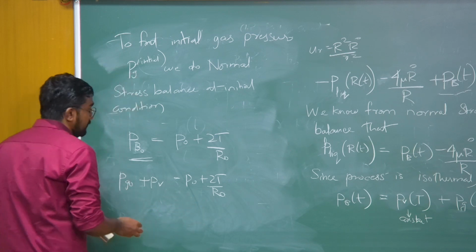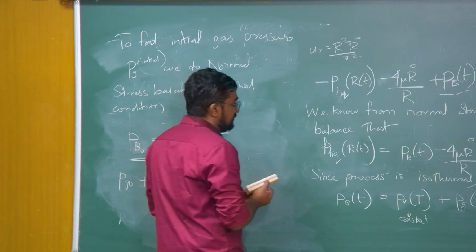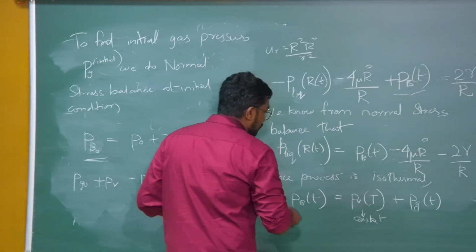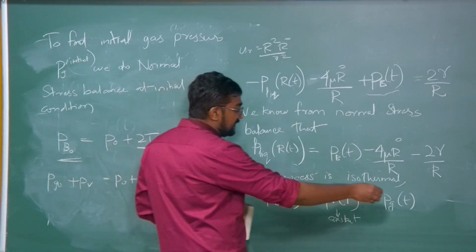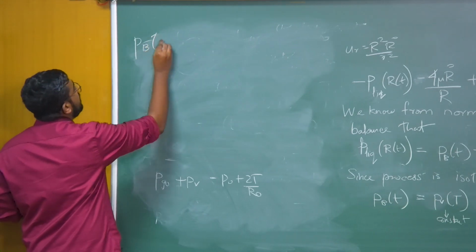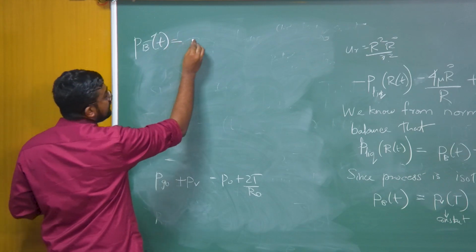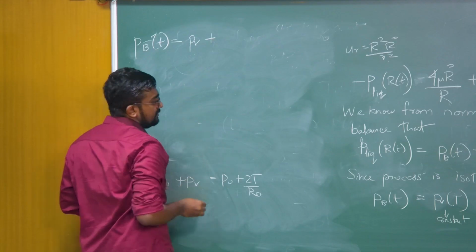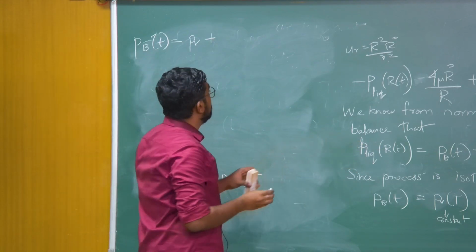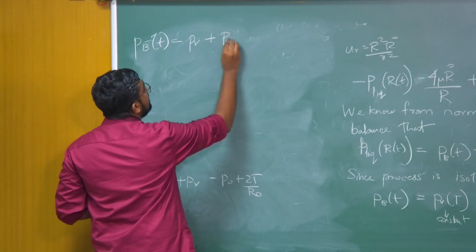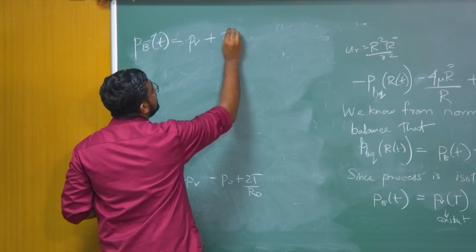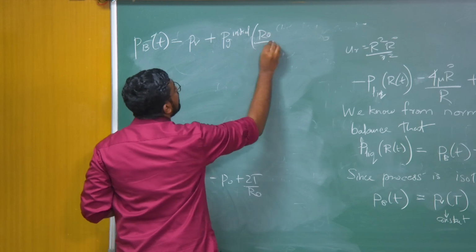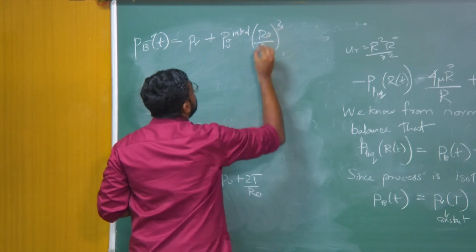Okay. So, what we have here is P liquid we know is this. Now, what we have to do is substitute all these backwards. Pb of t is Pv plus Pg of t, which is given by Pg initial into R0 by R the whole cube.